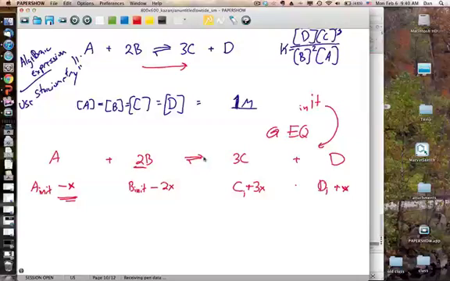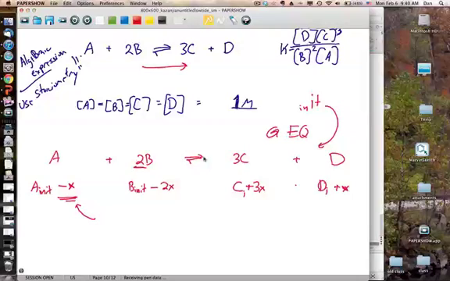Now, you could do it relative to C or relative to B, but for the sake of simplicity, I highly recommend that you just stick with the stoichiometry. Plus, it allows you to check very easily. If you know any one of these changes in quantity, X, you can figure out all of the other ones because they are not independent.